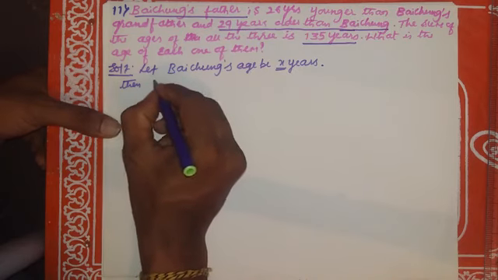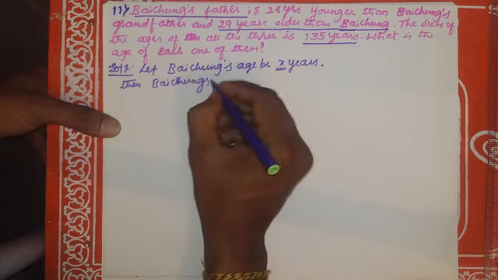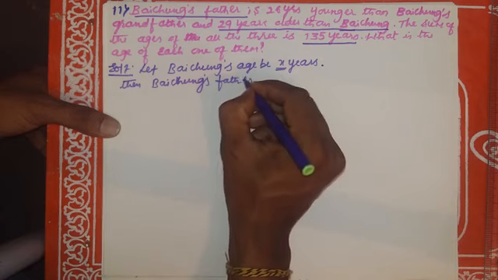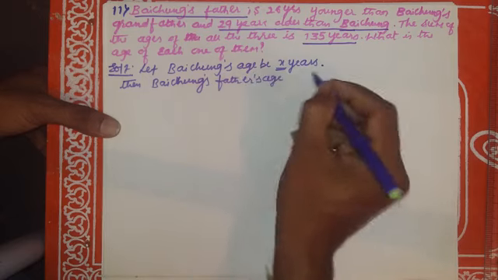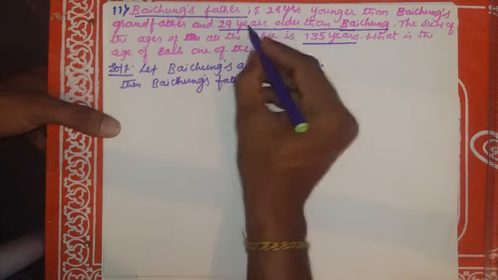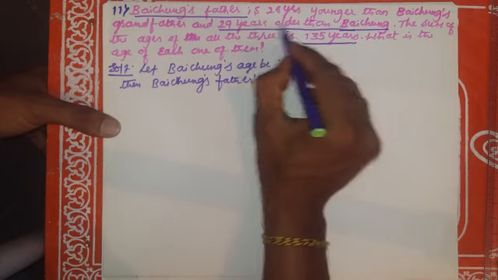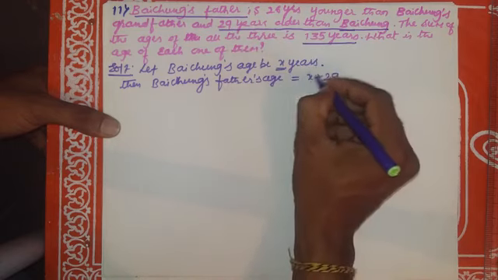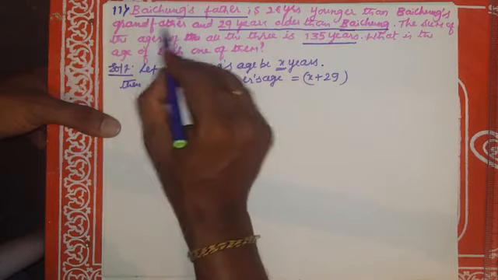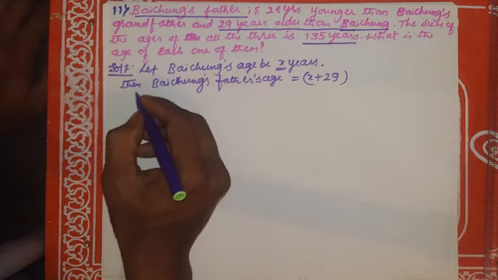Baichung's father's age is x plus 29. But he is 26 years younger than Baichung's grandfather. This is not necessary to write here. Got it?